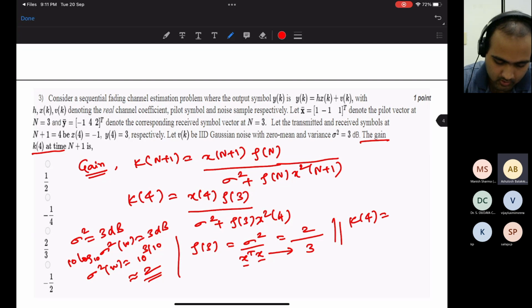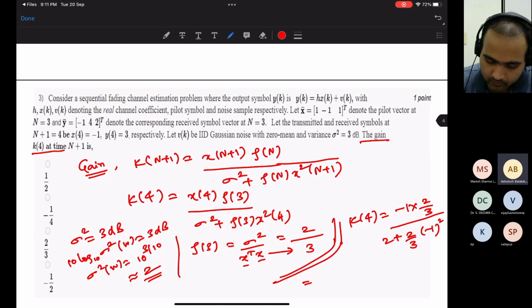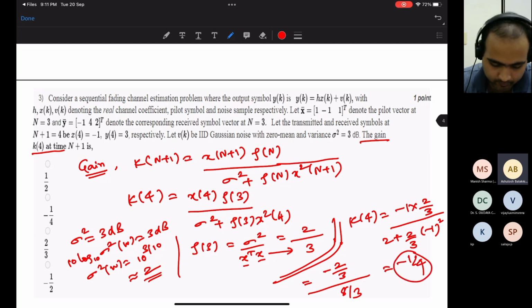X of 4 is -1 times 2 by 3, divided by sigma square which is 2, plus 2 by 3 times -1 squared. If we solve this, we get -2 by 3 divided by 2 plus 2 by 3, which is 8 by 3, and this comes out to be -1 by 4.